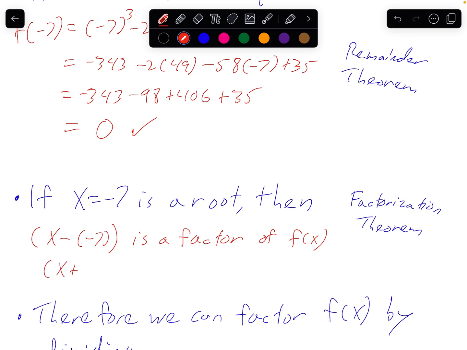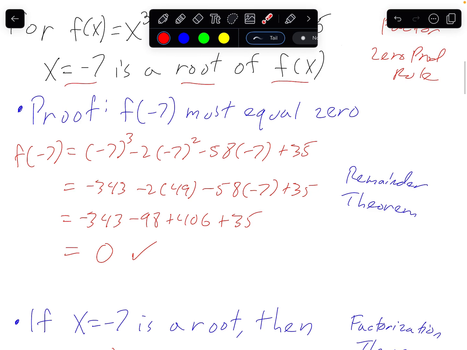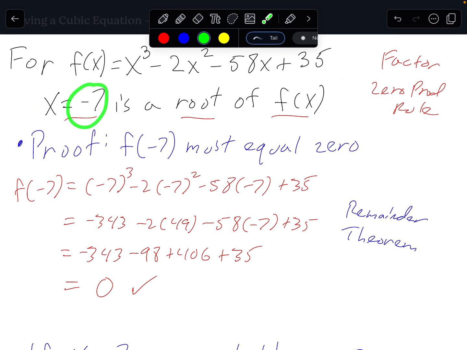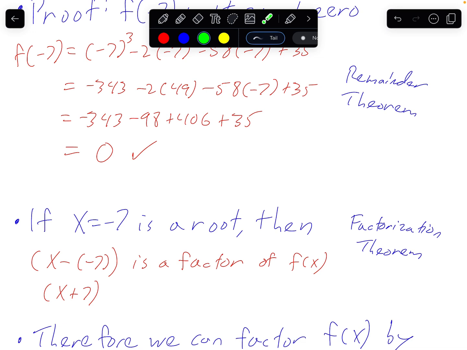And x minus -7 can be written as x plus 7 because those two negatives make a positive. So we can extend this further. Again, let's go back a minute. Knowing that -7 is a root of our original polynomial tells us that we can write a factor of this polynomial, f of x, by writing out x minus that root number. That turns into x plus 7.